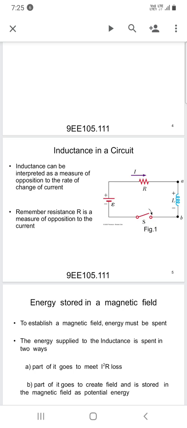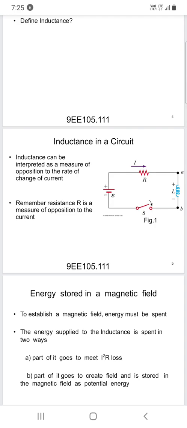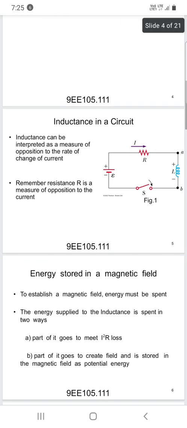That induced EMF is equal to L into di by dt, where L is the constant parameter, the inductance of the coil. So the EMF is the rate of change of current.